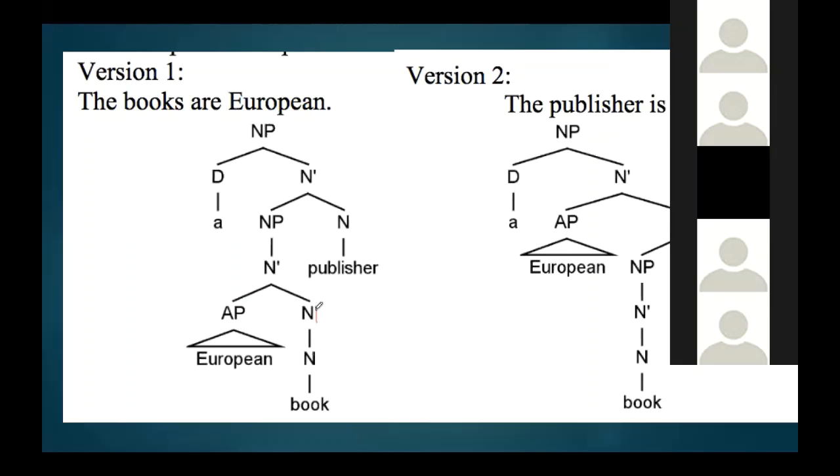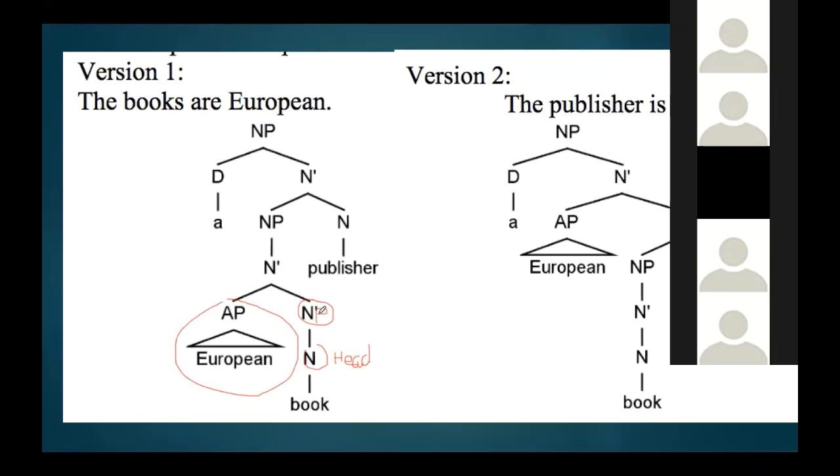Should be NP here. You mean now? Let me explain. Are you asking about this? Yeah. You know what? This is the modifier. European is a modifier. This is the head now. This is the place for the complement.